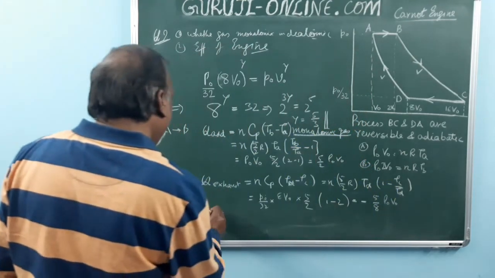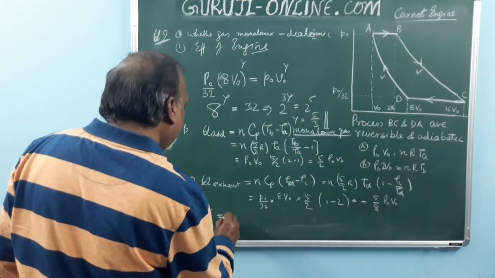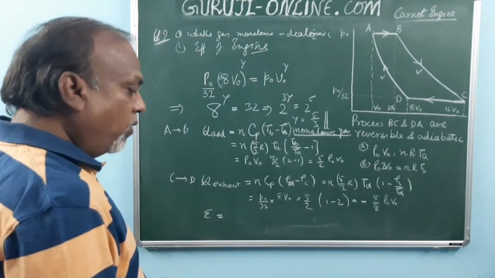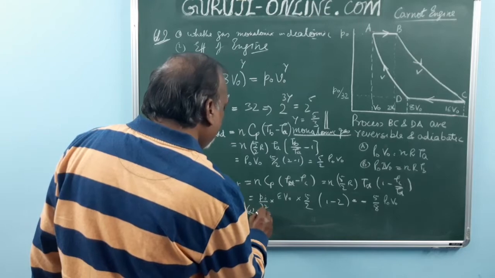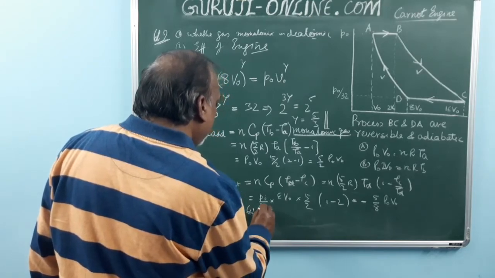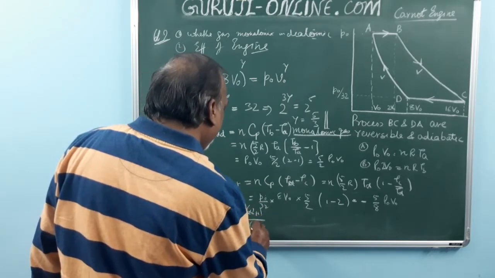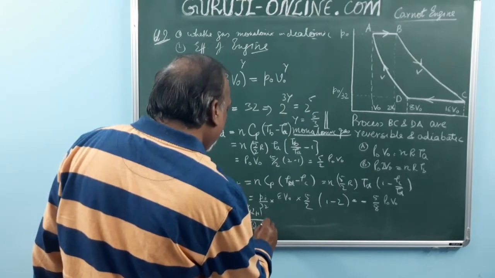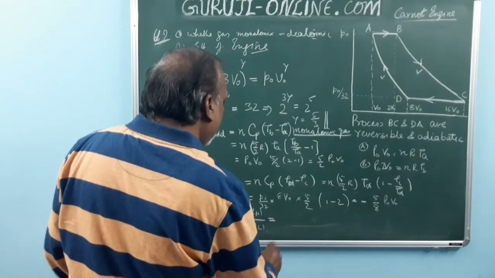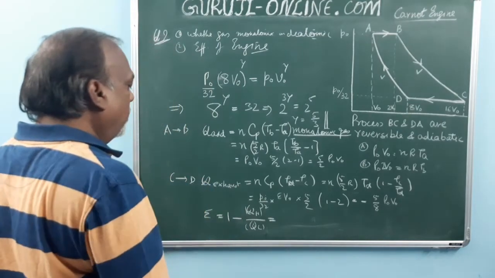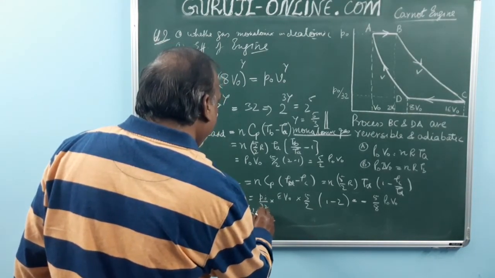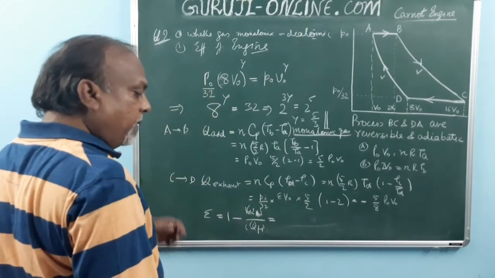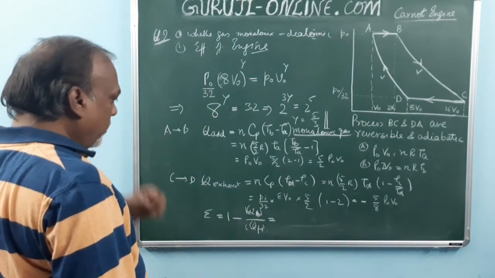Now efficiency is 1 minus Q added divided by Q exhaust. Sorry, Q added here, Q exhaust here, QL upon QH.